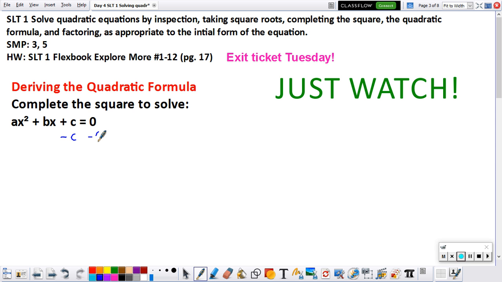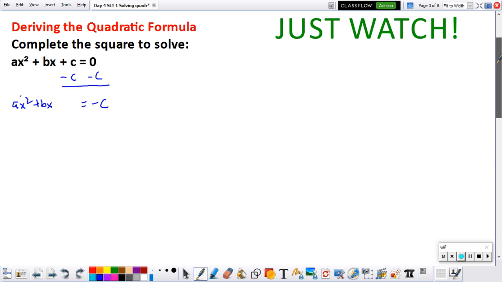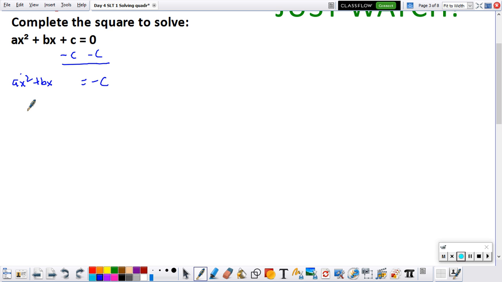I'm going to do that by subtracting c. I'm going to divide by a. So now I've got 1x squared plus b over a x equals negative c over a.